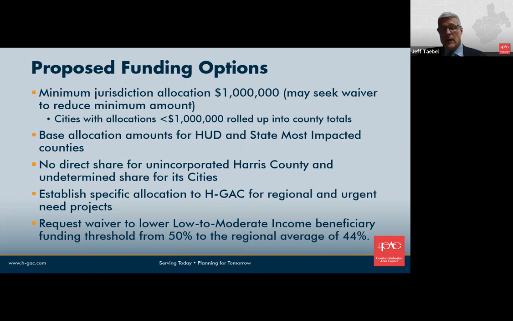Again, they are receiving considerably more than we are for the other 12 counties in the region, with $750 million. We have not yet determined how we will allocate funding for the cities within Harris County in our formula, and would be interested in your comments on that if you have any.